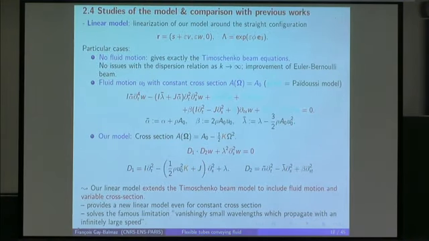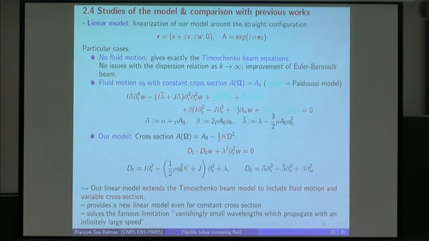So we did some stability analysis and comparison with earlier work. I will not go into the details, but if we linearize our system around the straight configuration, we get a Timoshenko-like model, right? But with fluid motion inside. So this is well known to be a linearized version of Cosserat rod theories.